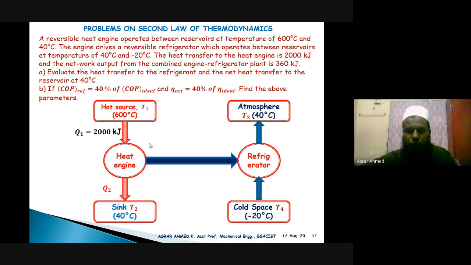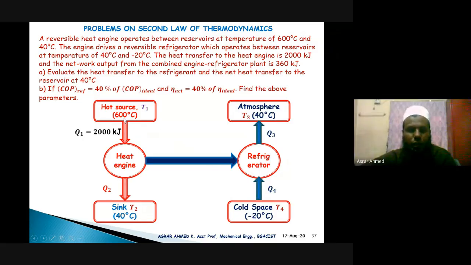Okay, okay. So the heat engine is giving work output and the refrigerator is taking work input from the work which is being produced by the heat engine. Now let us say that the heat given to the atmosphere at T3 is Q3 and the heat taken from the cold space is Q4.